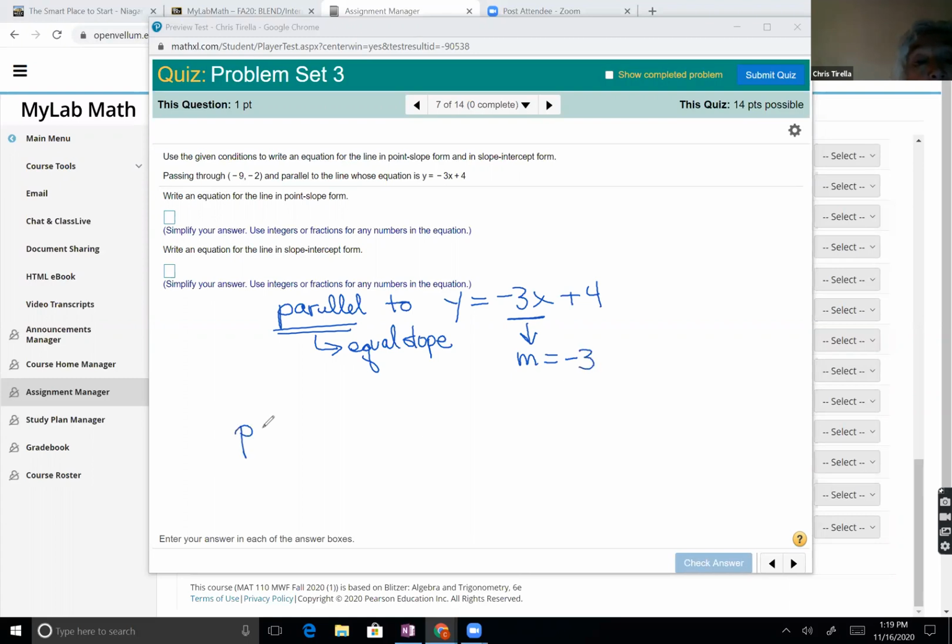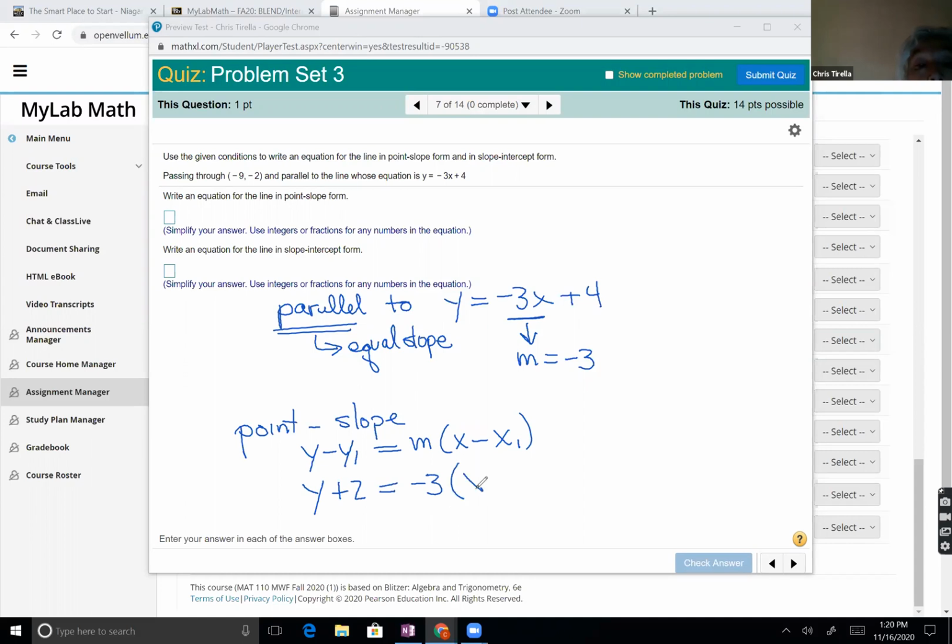And now we're going to use the point slope form, which would be y minus the y value is equal to the slope times x minus the x value, which would be y minus -2, that is y plus 2. Because it's parallel, it's the same slope.